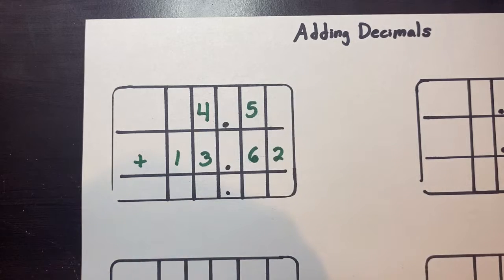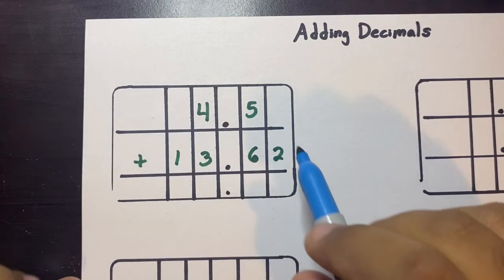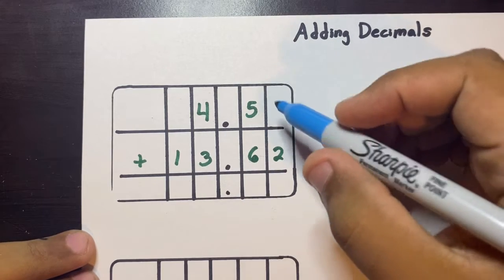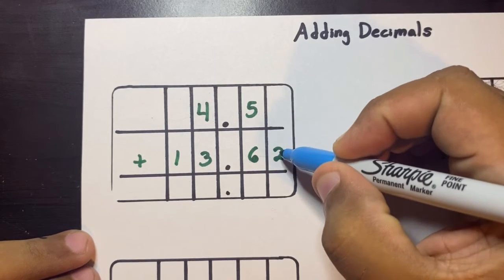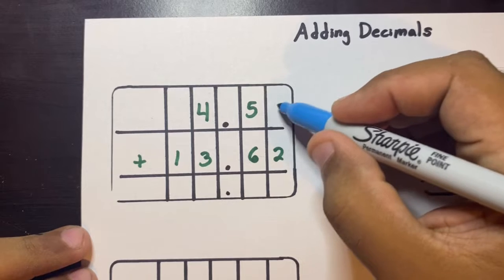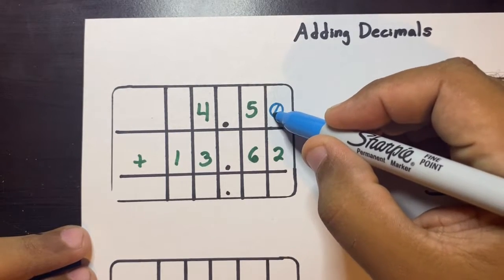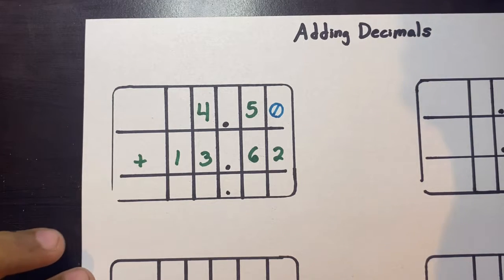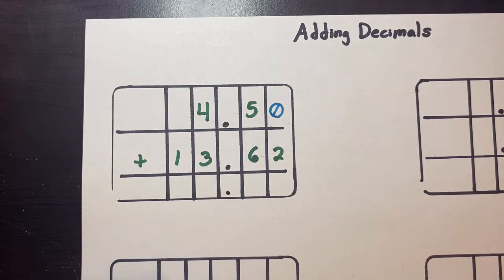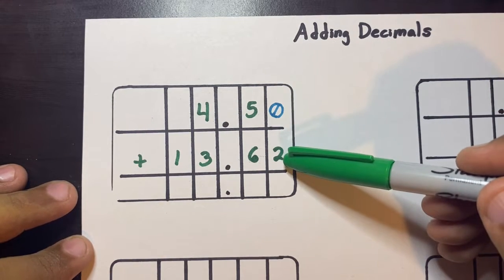Well, if there is a number in a place like this one, but there's no number in this place value, then all this is going to be is a 0. That's all that is. It's a 0. We do that so we can align the numbers and add them correctly.